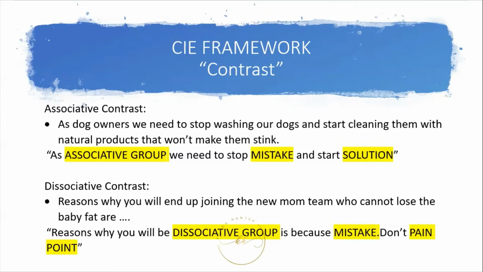And the dissociative contrast could be, reasons why you will end up joining the new mom team who cannot lose the baby fat are, and then I'm going to talk about this. Again, you just are making me read more, because if I'm a new mom, I don't want to be in the baby fat mom group. So I'm going to read this to see what mistakes I'm making and not to make these mistakes again, right?